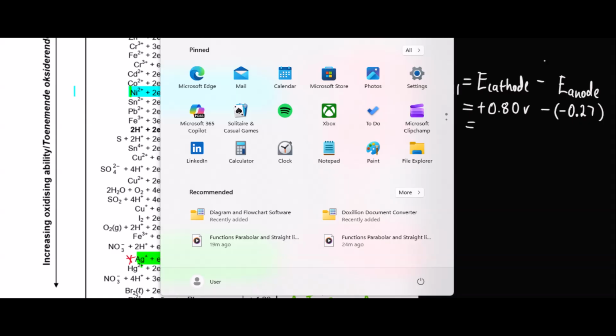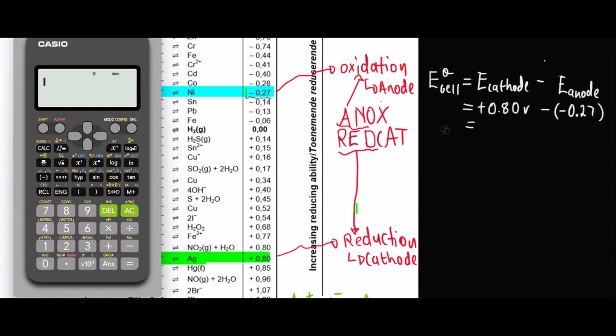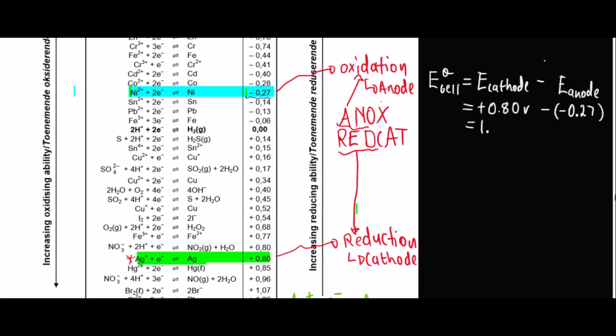We're just going to make use of the calculator here. 0.80 minus negative 0.27. And what is the answer?